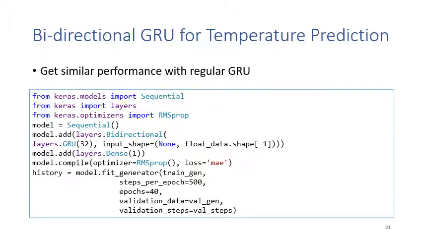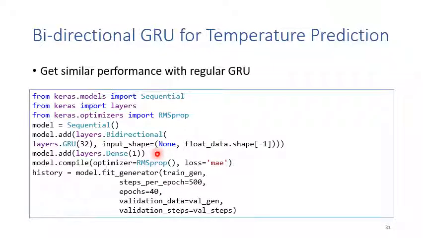But how about the bidirectional GRU? Actually, the bidirectional GRU gets similar performance to regular GRU because the model can learn to use just a single branch, the normal order branch, to predict and ignore the reverse order. So if you try the bidirectional GRU, just add one bidirectional layer and then put the GRU layer into the bidirectional layer, then Keras will automatically create a two-branch model for you.